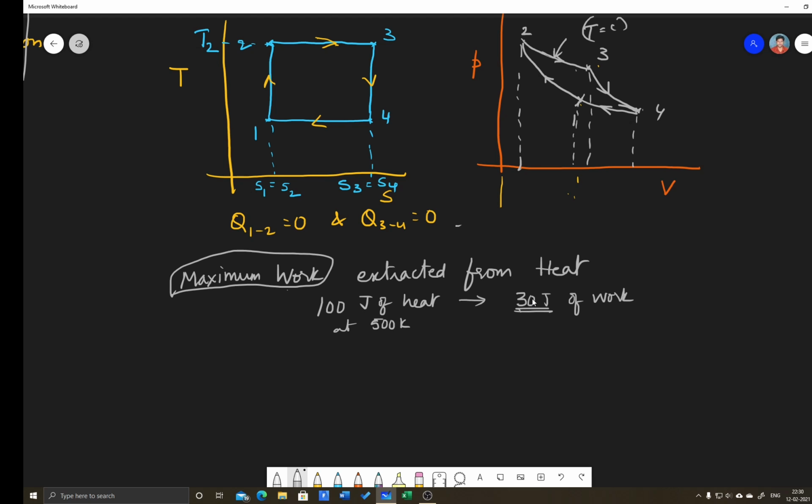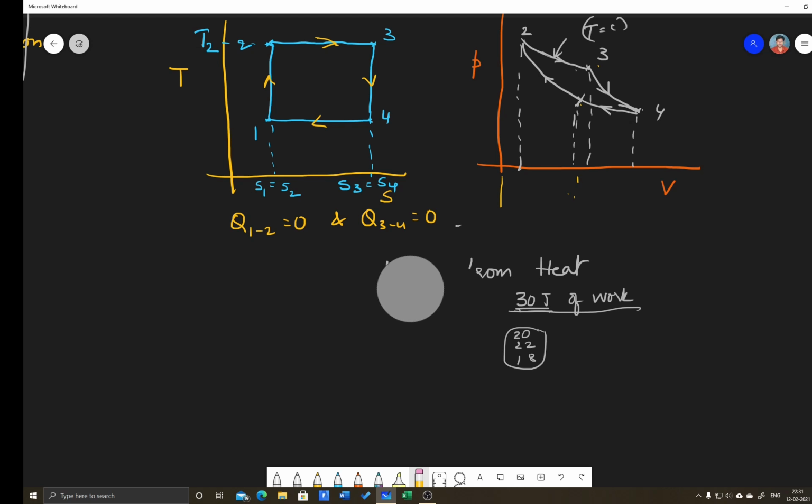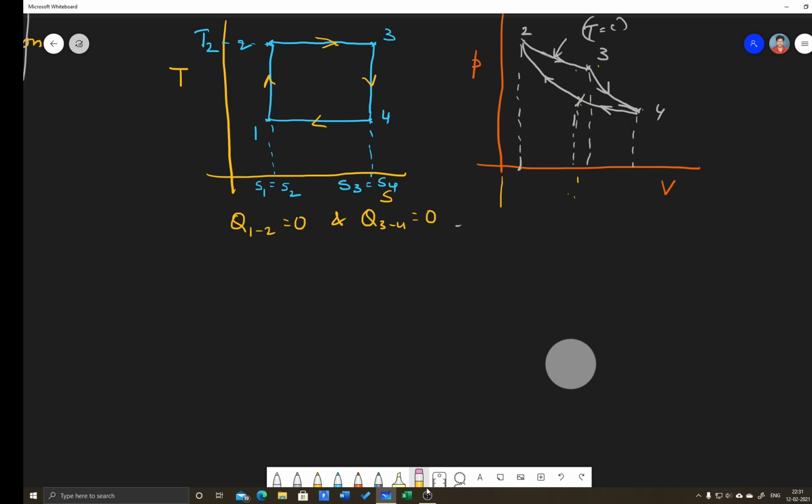If you use Otto cycle, that may be 20. If you use diesel cycle, that may be 22. If you use Brayton cycle, that may be 18. Every cycle output will be less than this Carnot work. That is why it is very important to understand the Carnot cycle, because it is an ideal cycle, or it is the cycle which can be used to extract maximum work.